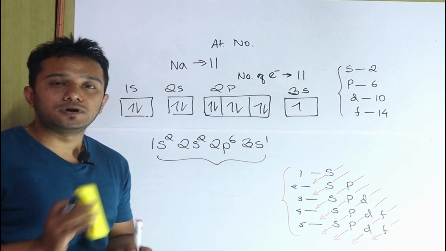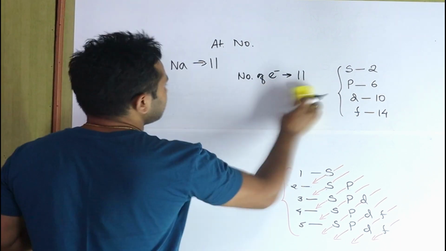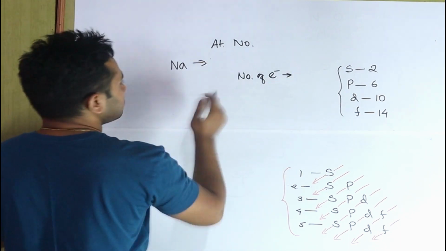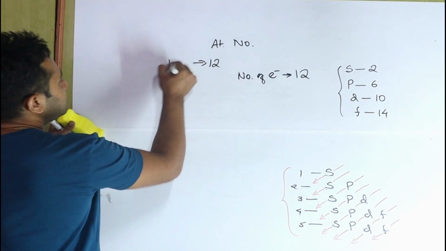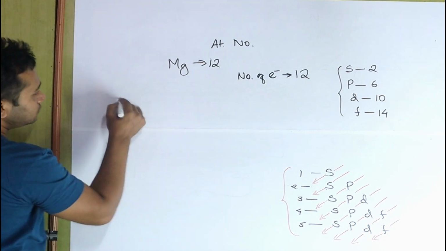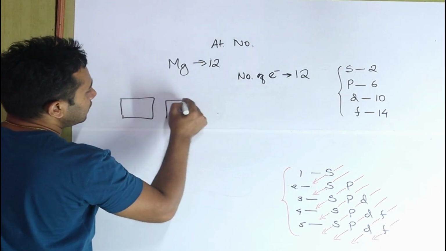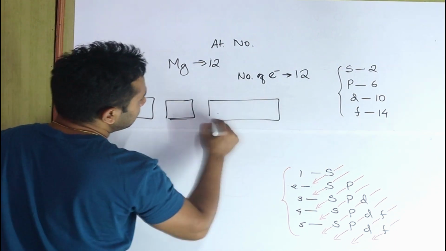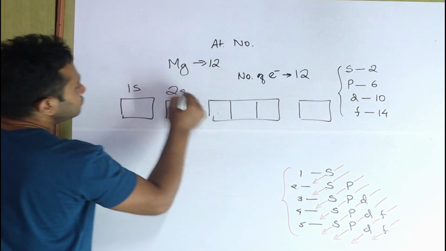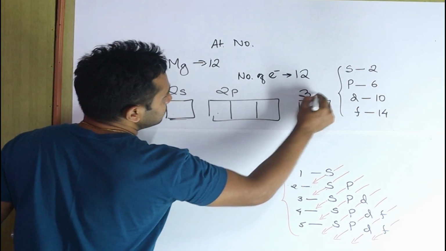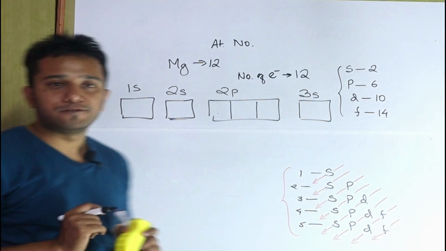So now we'll go for atomic number 12. We have magnesium. So here 1s, 2s, 2p, and then we have 3s. There are 12 electrons, so we'll start filling the 12 electrons.